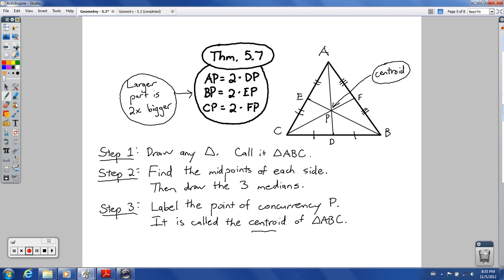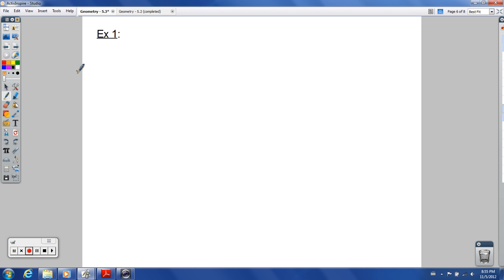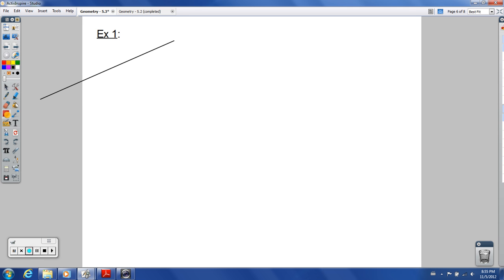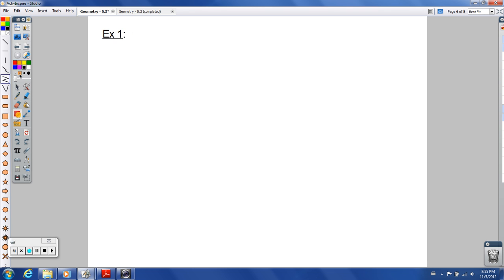Okay, so let's do an example to check that out a little bit. Let's draw in another triangle. This one I'm going to make acute as well, but I'm going to make something a little bigger here. So I'm going to make this angle a little smaller.